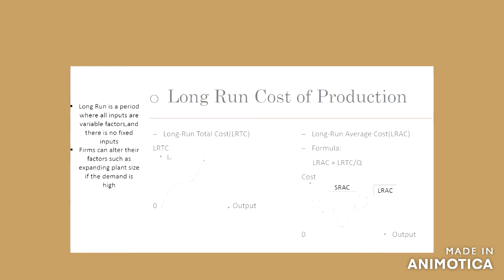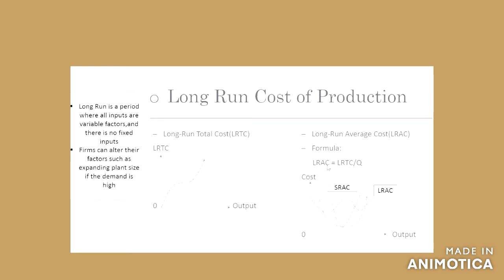So for the long run cost you will have two. First is long run total cost, LRTC. The curve is the same as the total variable cost. So as output increases, the long run total cost also increases. Next is long run average cost, LRAC.